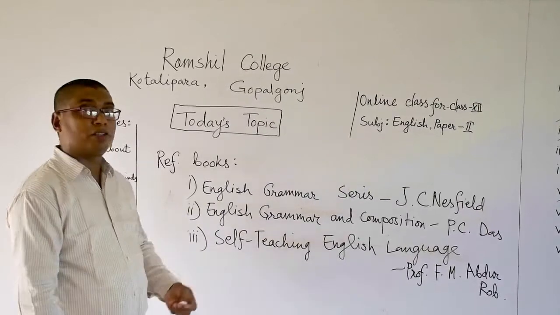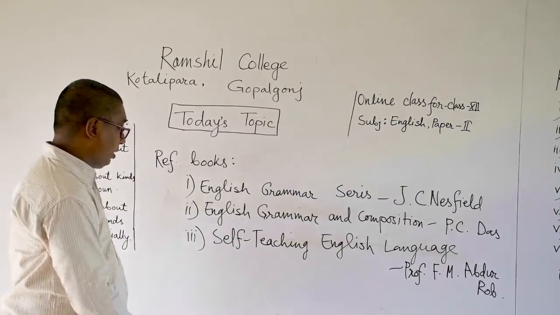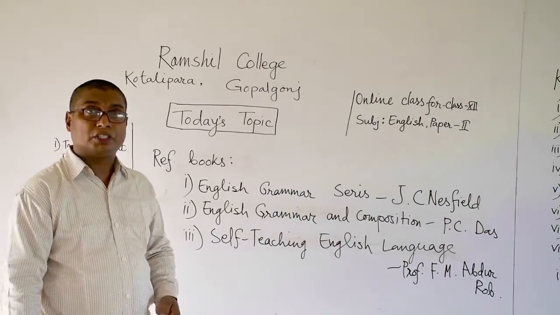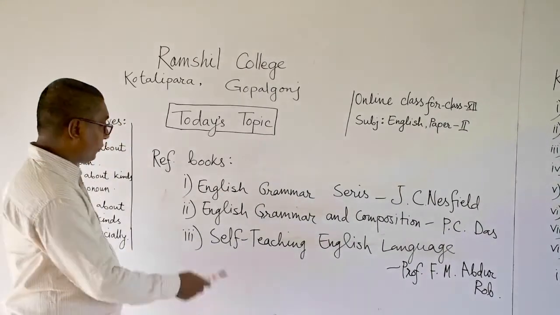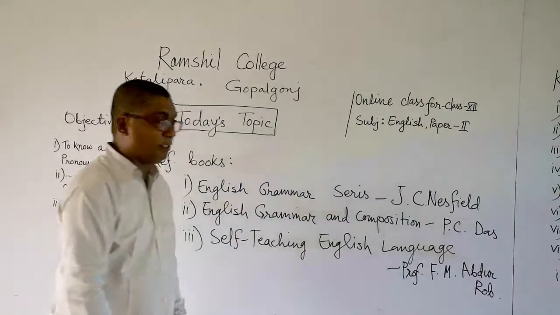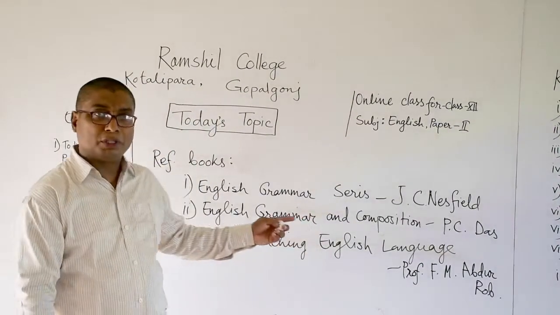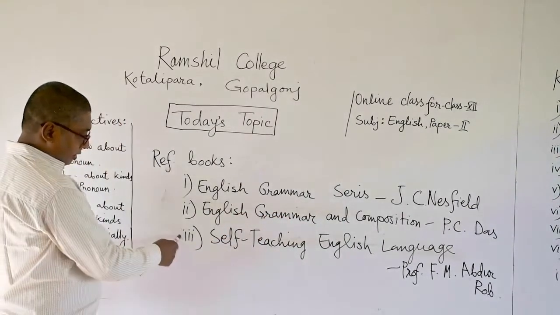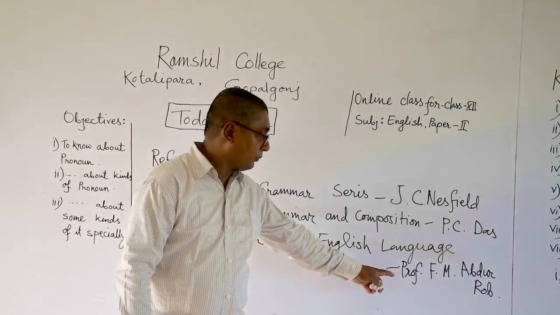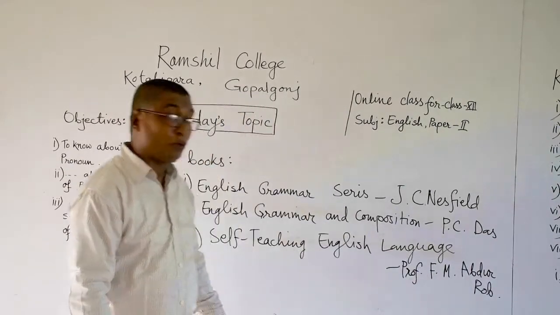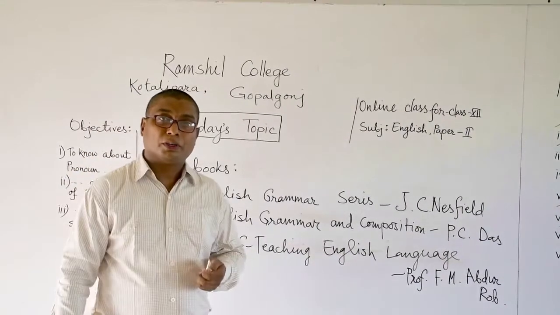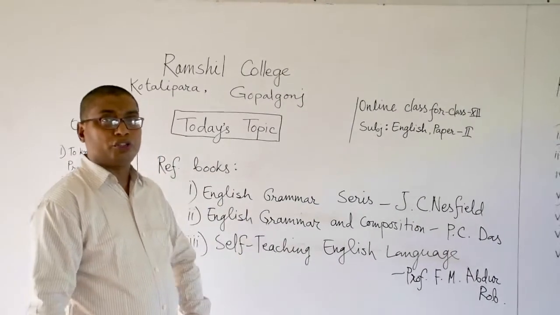The book is not available everywhere, but you must get it in the capital or district town. Number 2, English Grammar and Composition, P.C. Dash, a very available book in our market. Number 3, Self-Teaching English Language by Professor F.M. Abdul Rauf. This book is also available for the junior students.